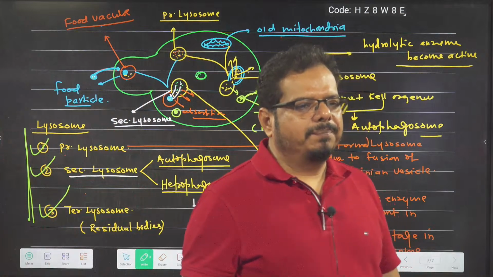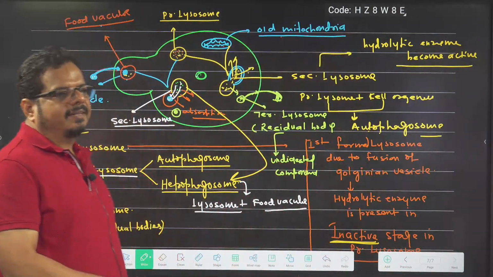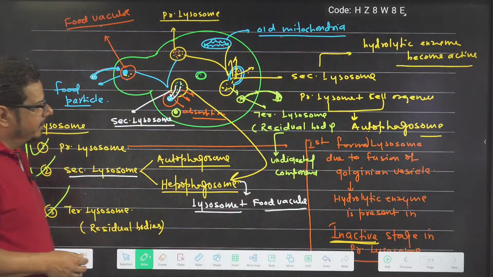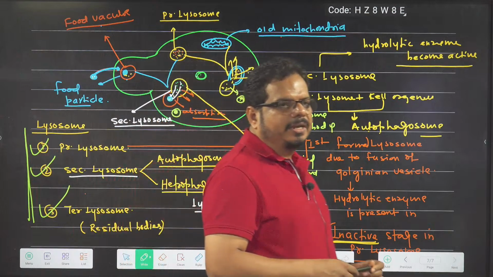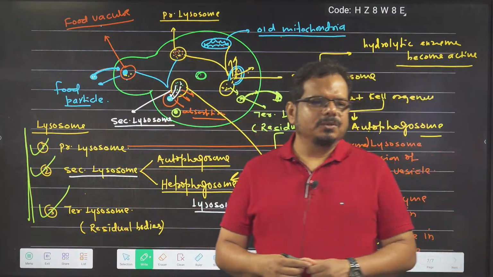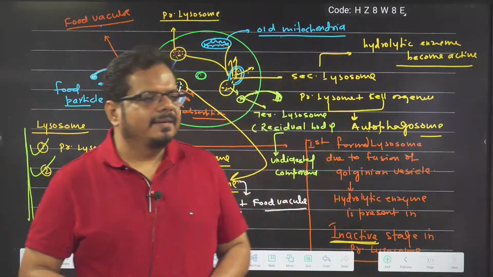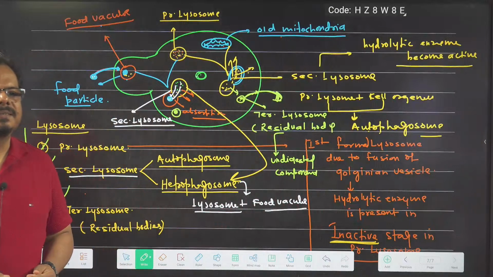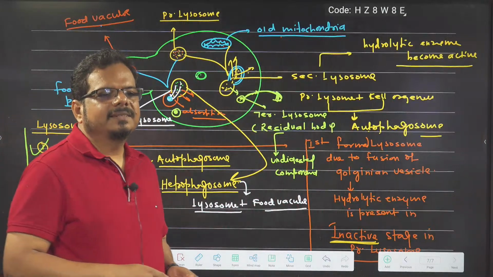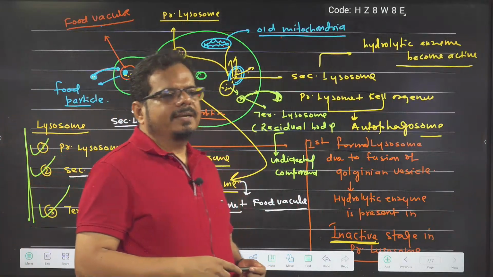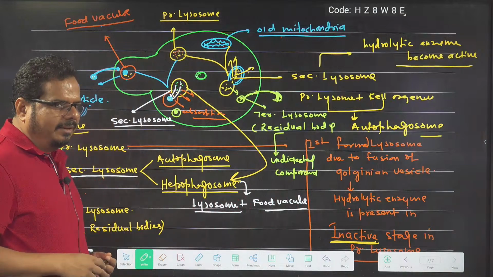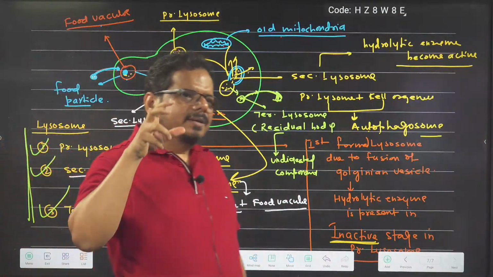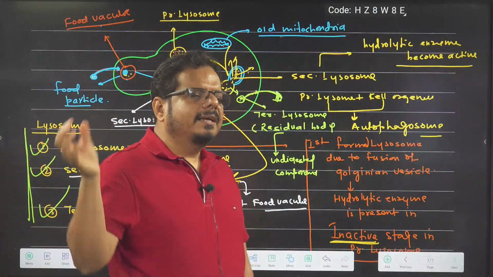Just a recap, please. Okay, listen carefully. I am going to tell you how the lysosome performs intracellular digestion. Got the idea? Tertiary lysosome does not interact with the cell organelle. Only the primary lysosome fuses with the cell organelle, then forms.